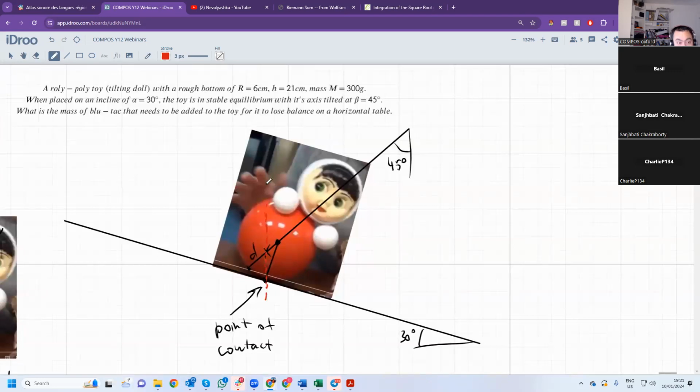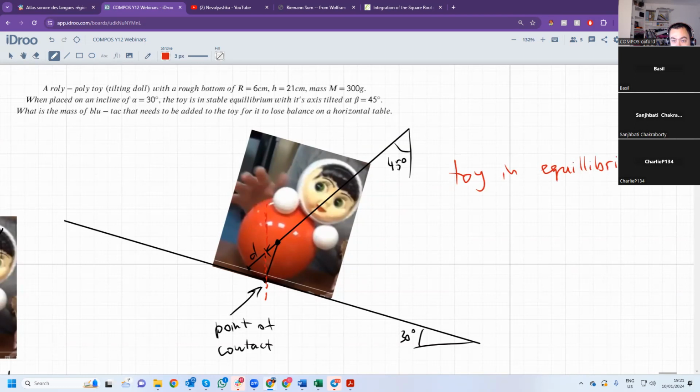Because if it was to the left, the toy would move to the left and the angle would not be 45 degrees. And if it was to the right of the point of contact, it would tilt further and would not be 45 degrees. If it's exactly 45 degrees, the center of mass is directly above the point of contact. The toy is in equilibrium.